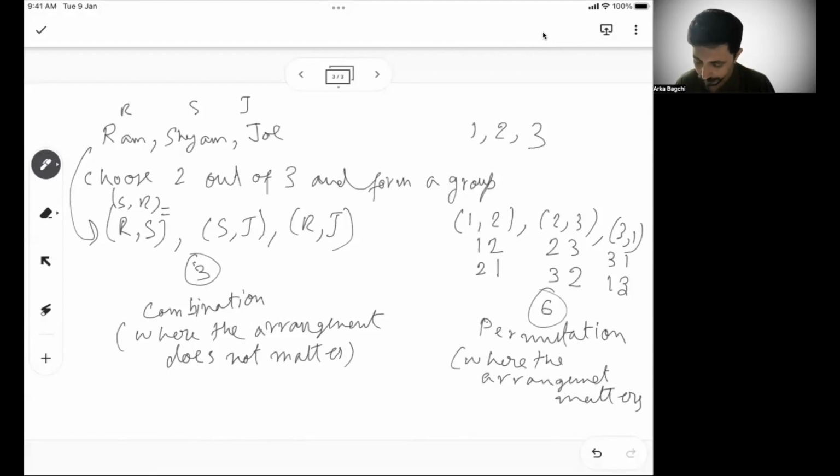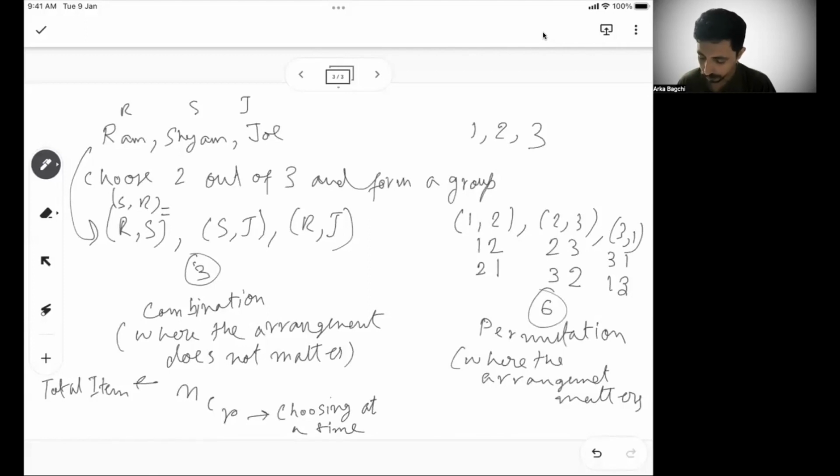Normally combination is denoted as NCR. N is the number of items you have, the total items, and R is the number of items you are choosing at a time.